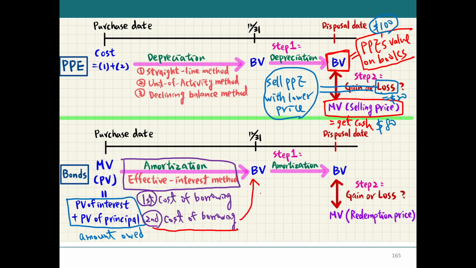So if discount, you will make your book value increase over periods. If premium, your second cost of borrowing will make your book value decrease over periods.